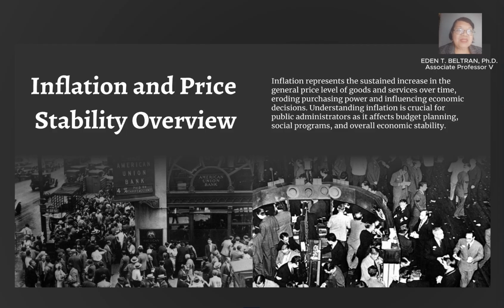So in the Philippines, the recent inflation episodes are caused by food supply issues like the shortage of rice or onions, or the rise of the price of sugar because of various factors. And then the rise in global oil prices, and of course, peso depreciation.